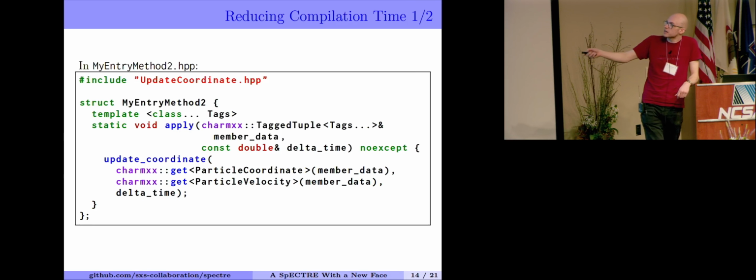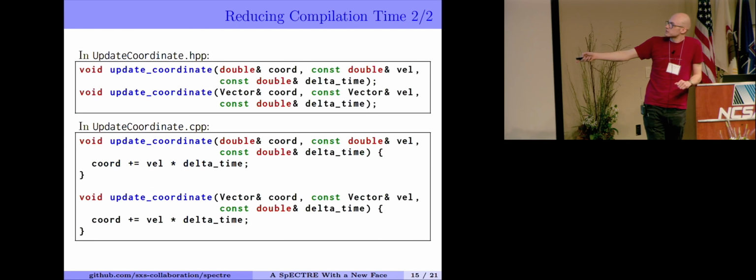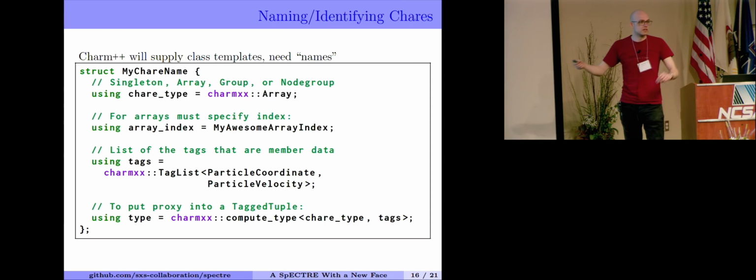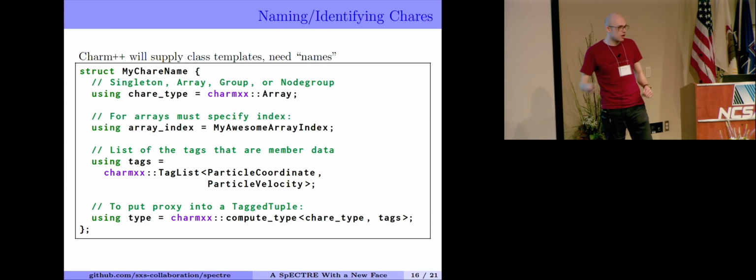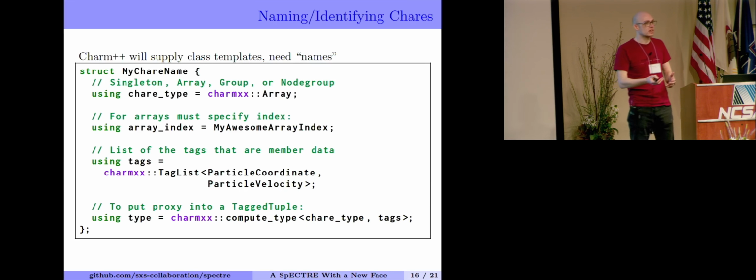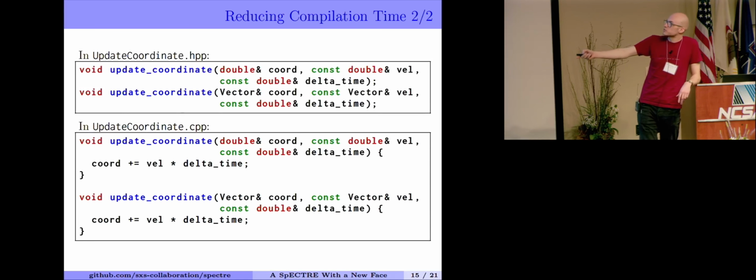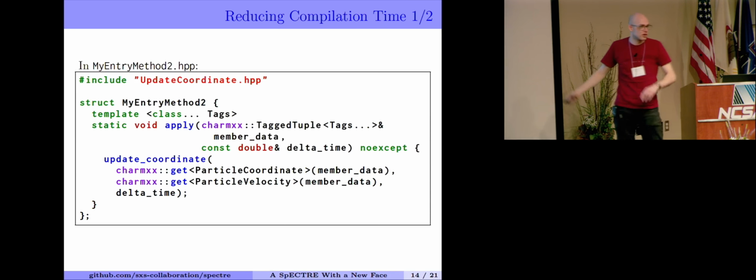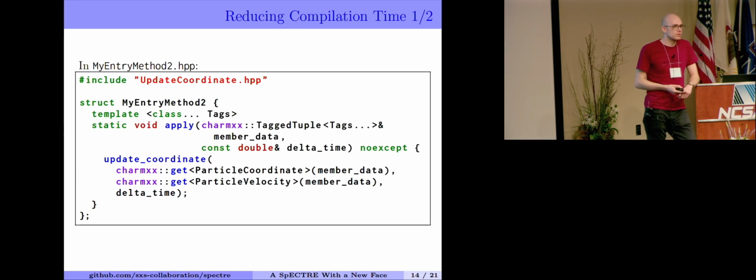Say instead of having a tag tuple, you had an option to say, here where you say tags, object equals blah. Then you can pass around function pointers into that object, pass that to invoke, and Charm++ can generate the entry method call because it knows what function to call in the object. Right. So I think with this you can have both interfaces work together, and I don't see any issues.